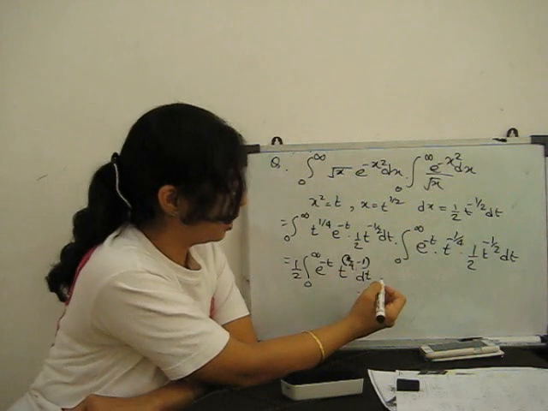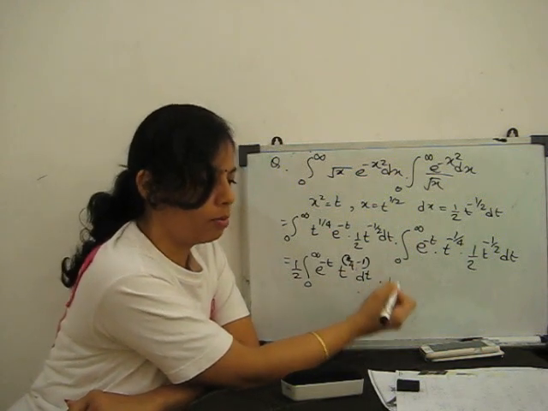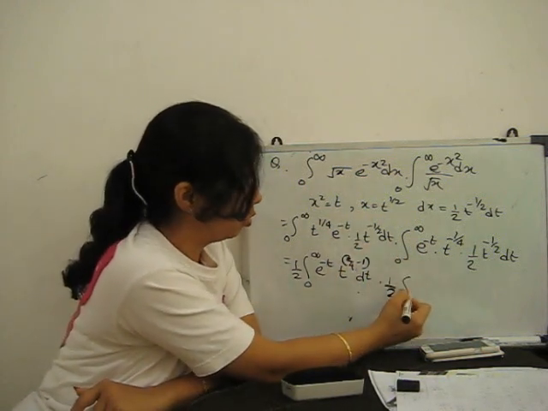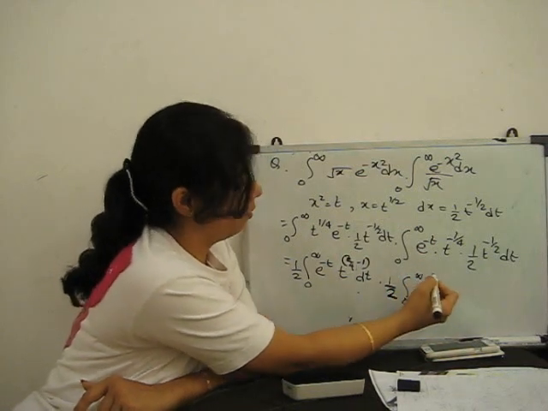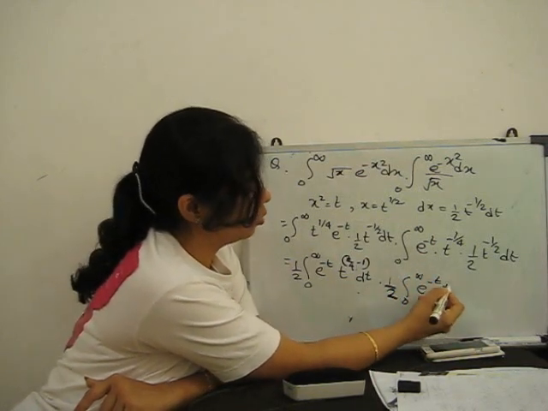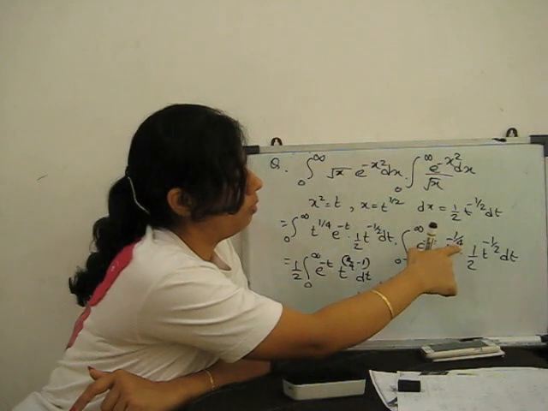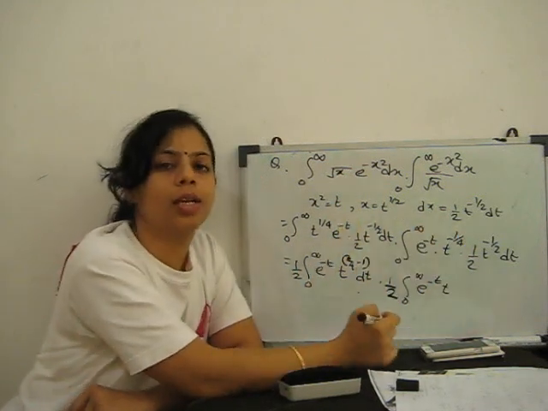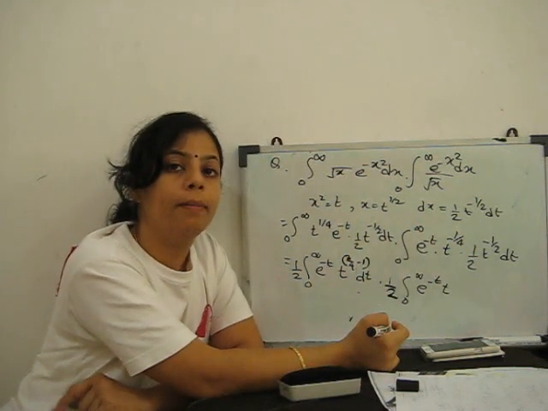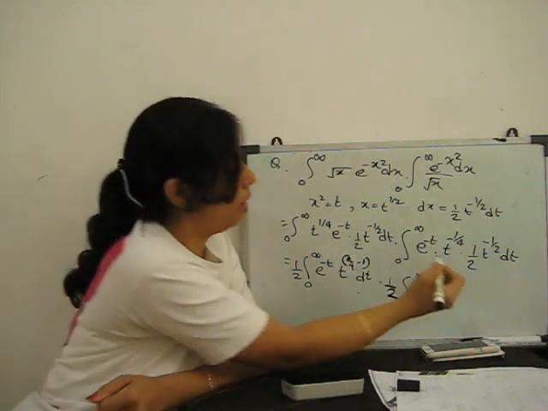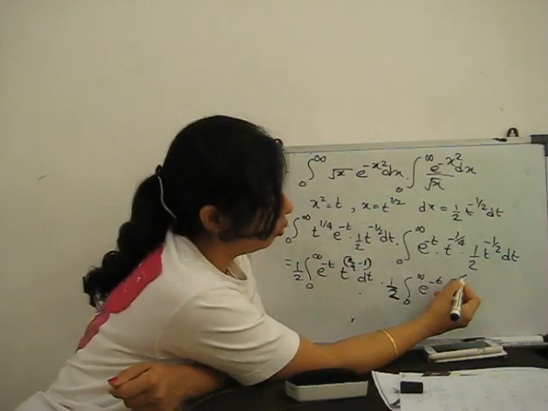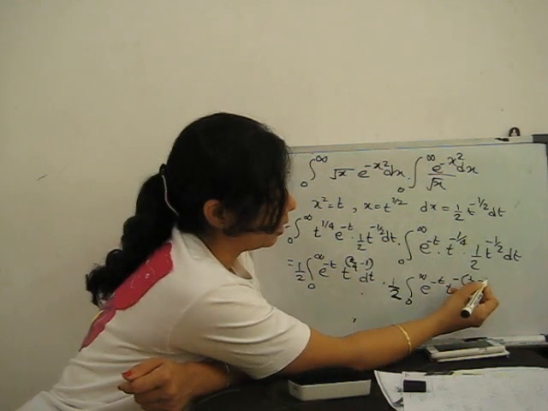Similarly, our second integral, again 1 by 2, 0 to infinity, e to the power minus t, t to the power minus 1 by 2 plus 1 by 4 minus 1, which gives minus 3 by 4, that is 1 by 4 minus 1.